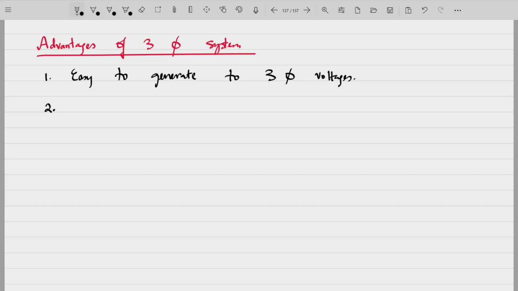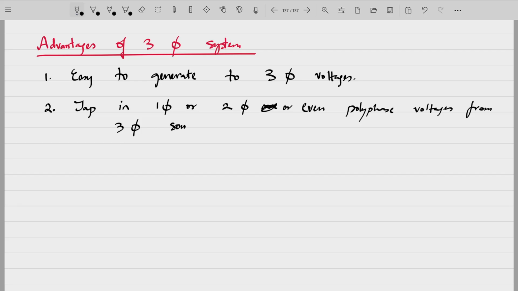Two, with three-phase available to us, we can always tap in single-phase or two-phase or even polyphase voltage from a three-phase source.